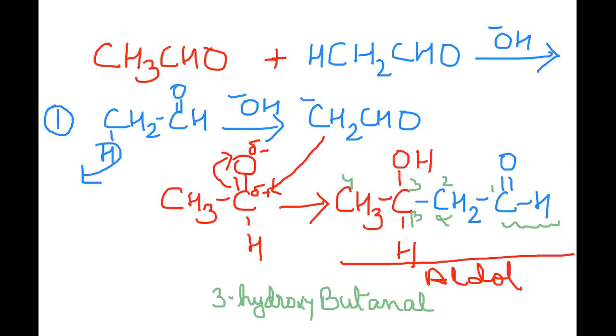Just like we said that the aldol condensation is possible only when one of the reactant molecules has an alpha hydrogen. Any one alpha hydrogen should be present. Why? Because if the alpha hydrogen is not present, then it will not be able to form the enolate ion, or it will not be able to generate the nucleophile, and therefore the further reaction will not occur.